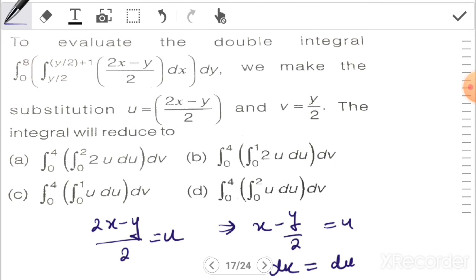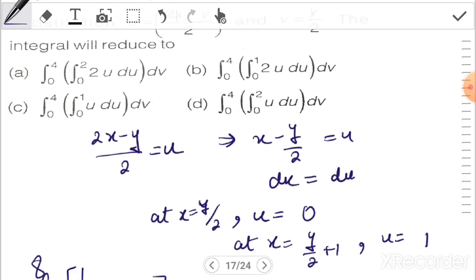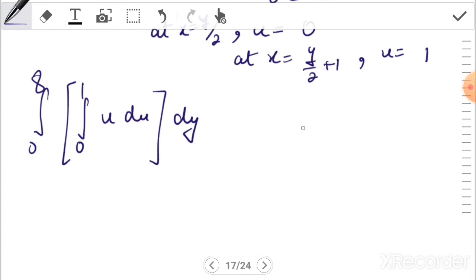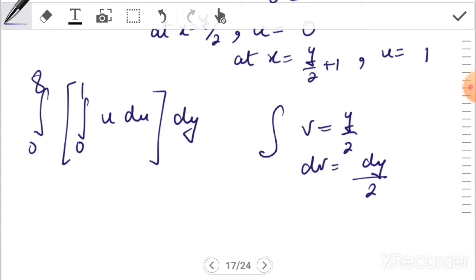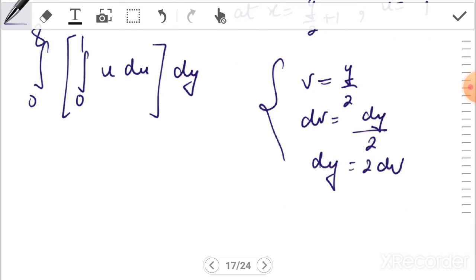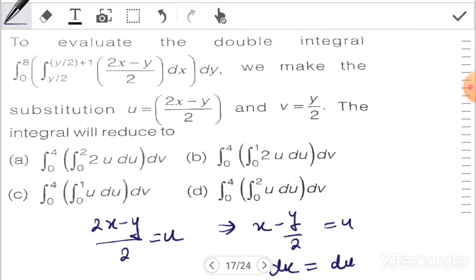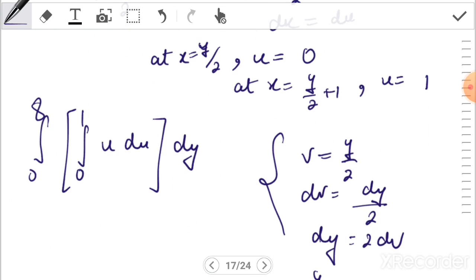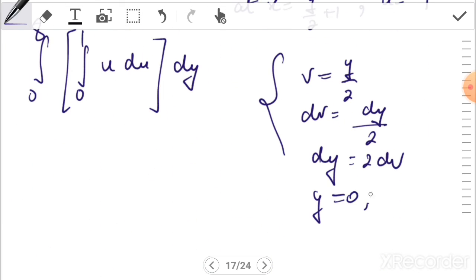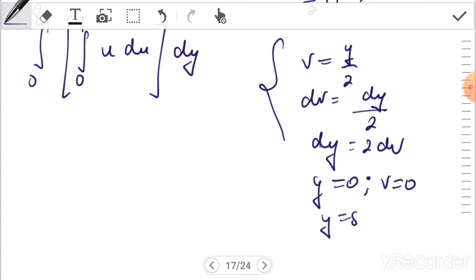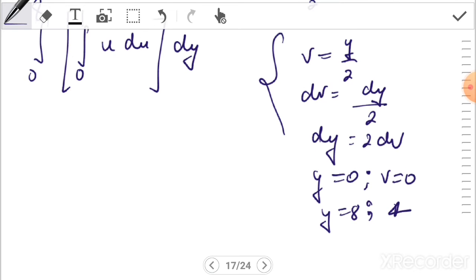Now v is equal to y by 2. So dv is equal to dy by 2. That means dy is equal to 2 times dv, and y is varying from 0 to 8. So if y is equal to 0, v is also 0, and if y is equal to 8, v is equal to 4, 8 by 2.